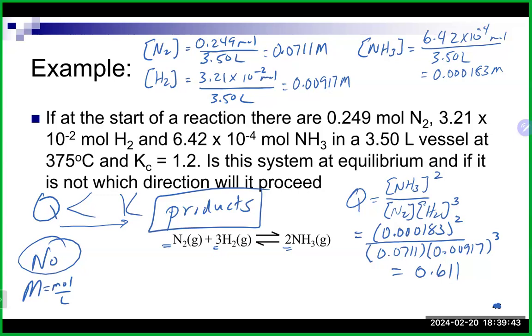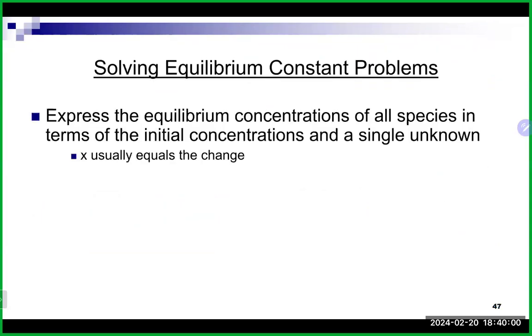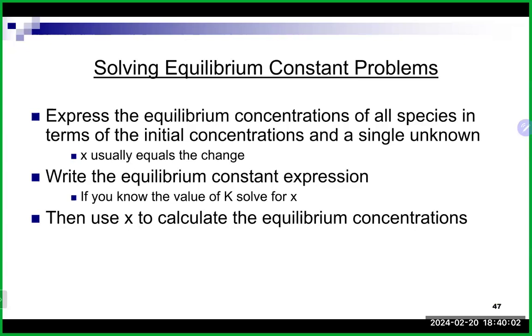Okay, so let us then talk about the calculation side for this class. We're going to talk about how to do real equilibrium calculations here. When we're solving equilibrium constant problems, there's a couple of things that we do.